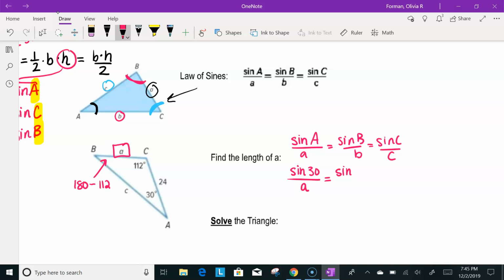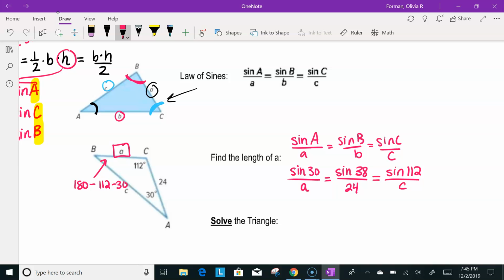So if you take 180 minus 112 minus 30, we get that that is 38. So you could say sine of 38 divided by side B, which is across from angle B, which would be that 24. And then we take sine of C, which is the 112, and that's across from the side C.